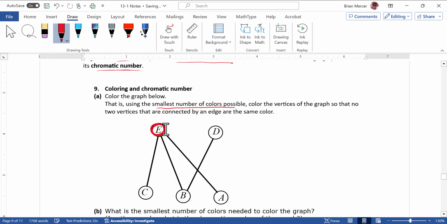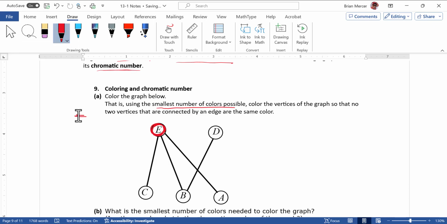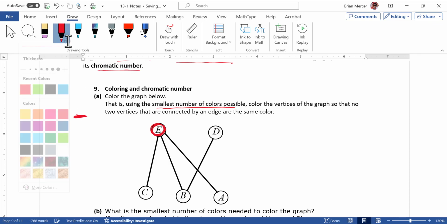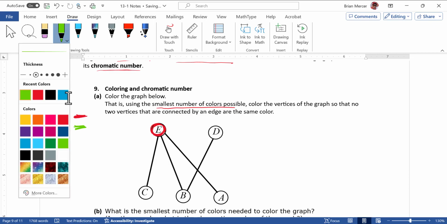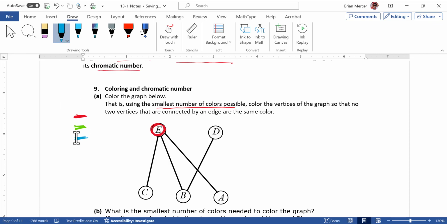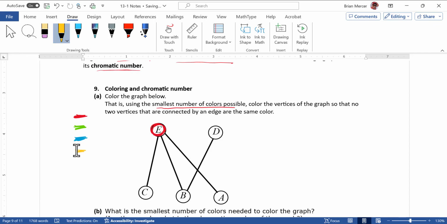The key is that A, B, and C can't be red. I'm going to think about these colors in order: red is first, then green, then blue, then if needed, this orangey yellow, and we'll see what the chromatic number is.